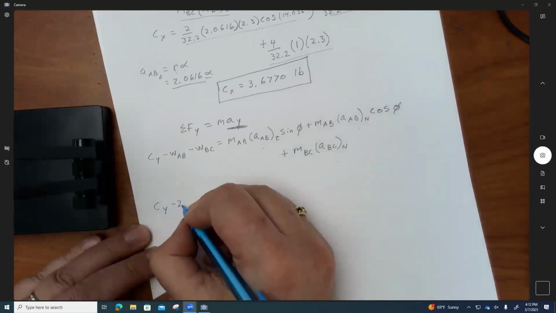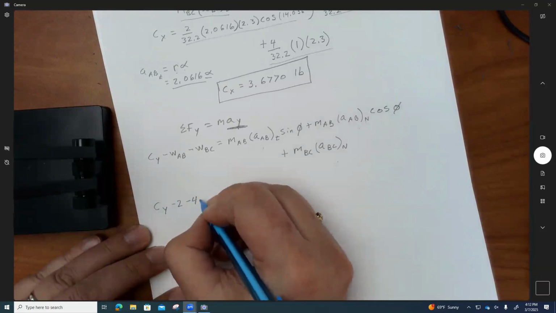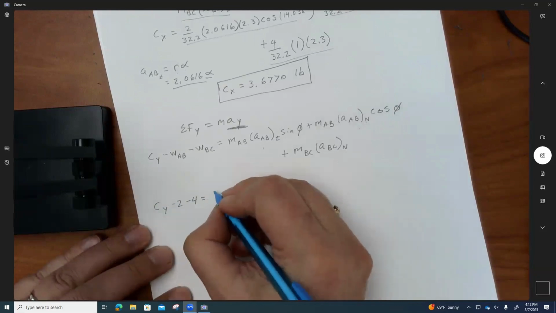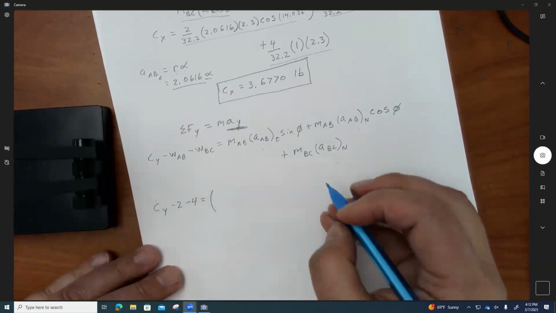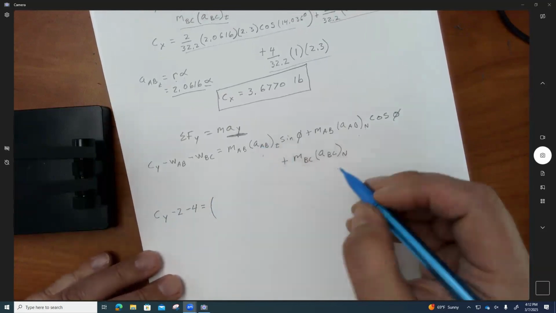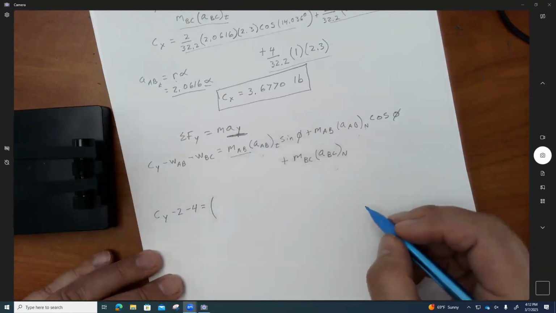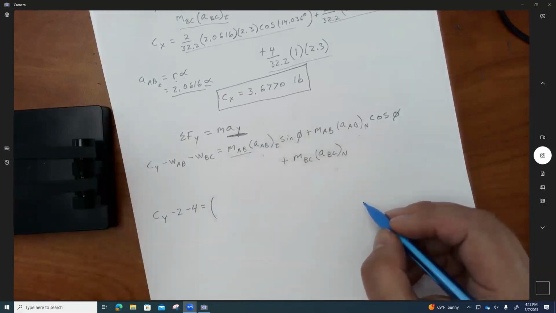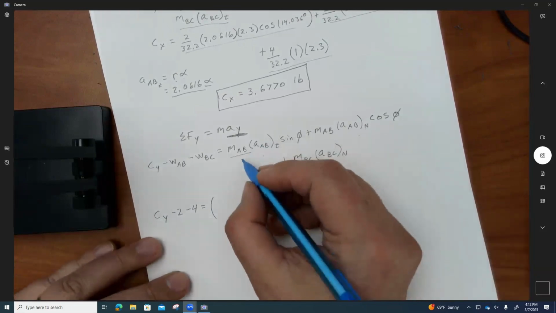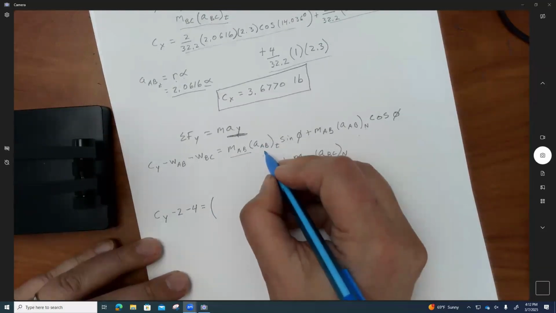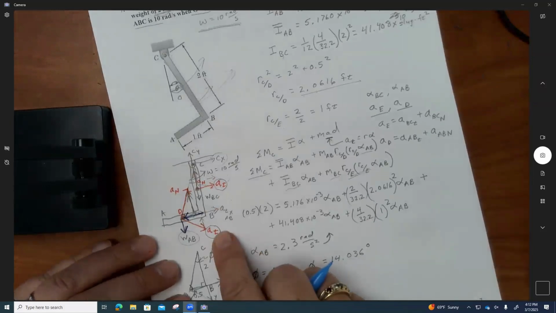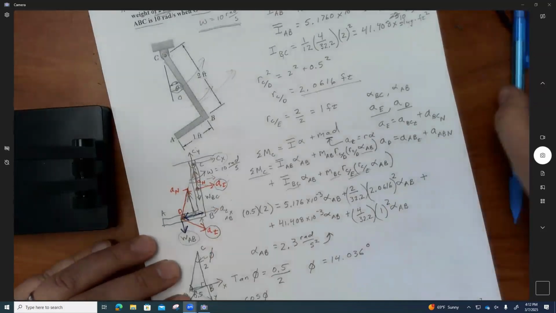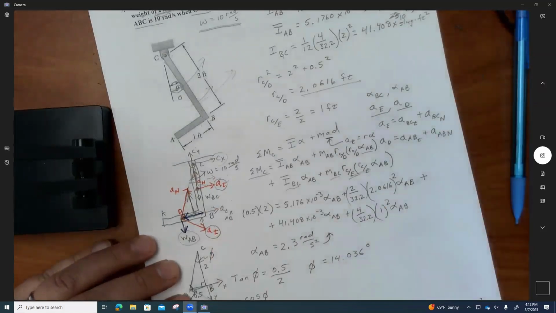Cy is going to be equal to -4 and -2 for the weights. And then if we're looking at our mass AB, we start to think about the direction this is going. AB in the tangential direction had a negative component.